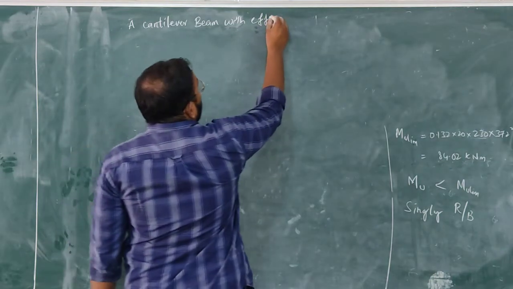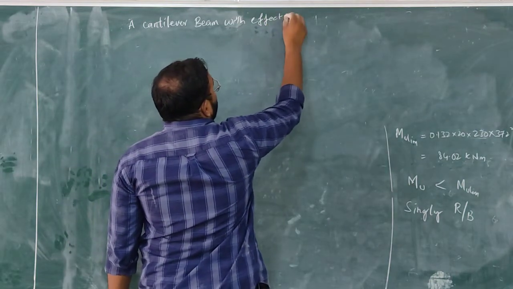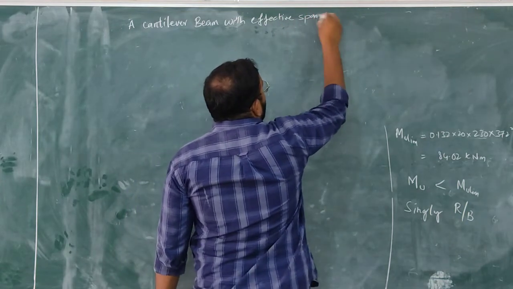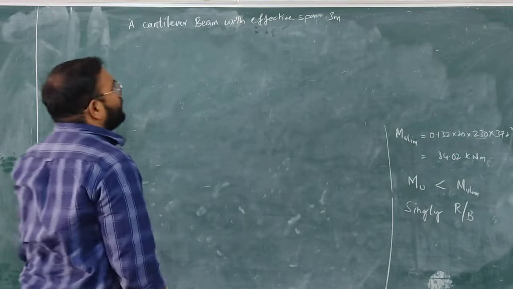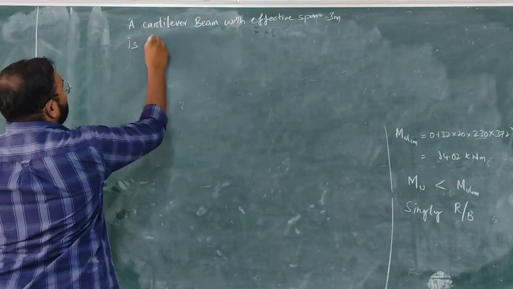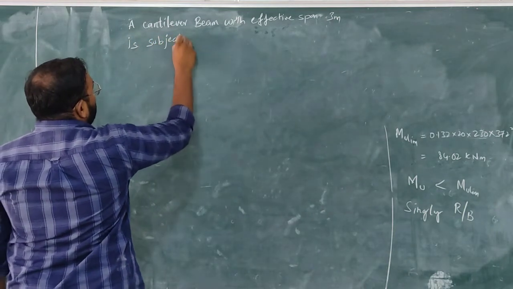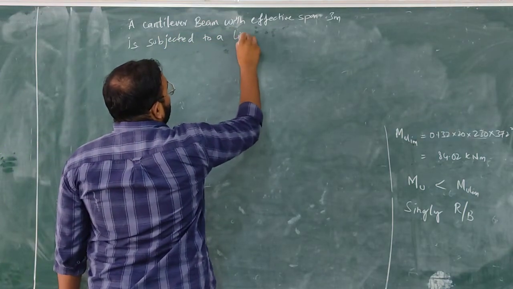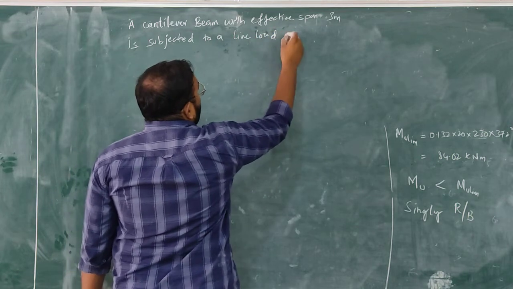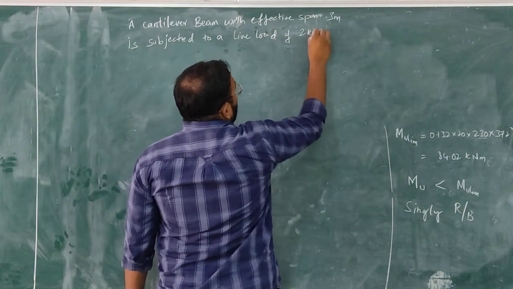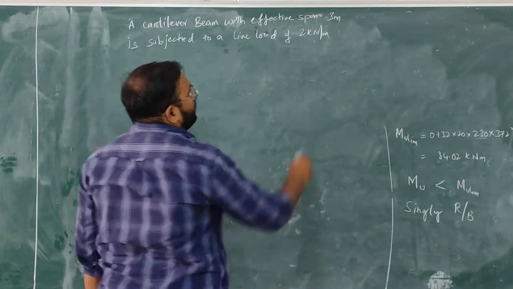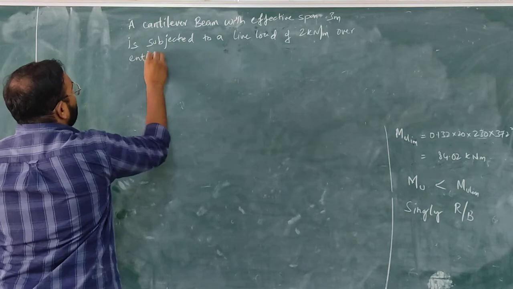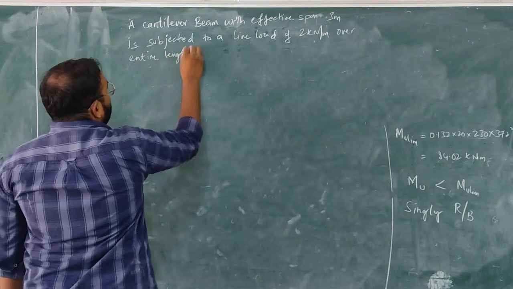A cantilever beam with effective span 3 meters is subjected to a live load of 2 kilonewton per meter over entire length.